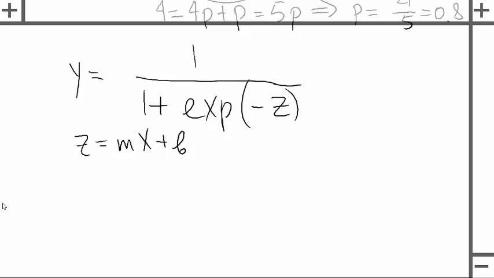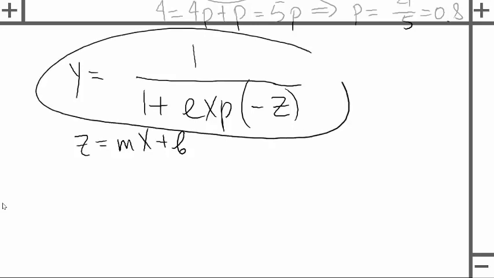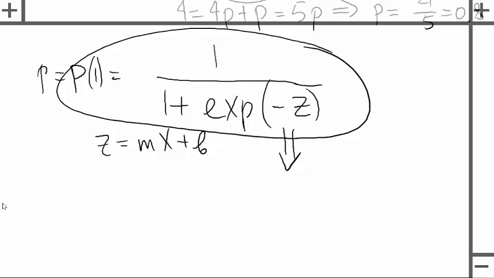Let me go ahead and unwind this expression, okay? So, from here, how do I get rid of stuff in the denominator? Multiply both parts by the stuff in the denominator, right? And oh yeah, by the way, it's not just y, it's actually probability of 1, right? Or I'm going to simply call it p, that's it, okay? Alright, so I multiply both sides, right and left, by 1 plus e to the power minus z.